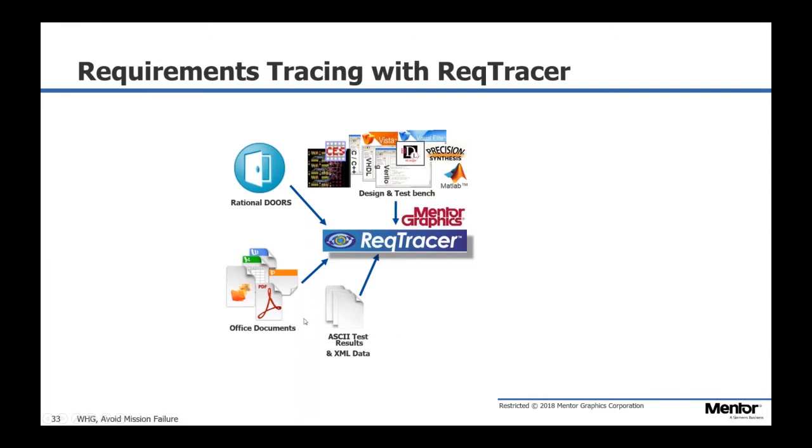And then any output logs, either from your simulation or from your board testing, you can set up ReqTracer to process those text output logs and bring that data back in. The coverage database of the simulation results can also be brought back into ReqTracer. And so that forms the whole hierarchy and the tracing.